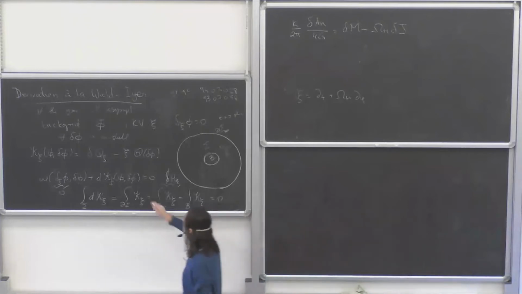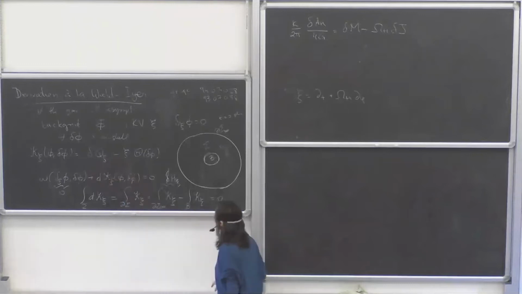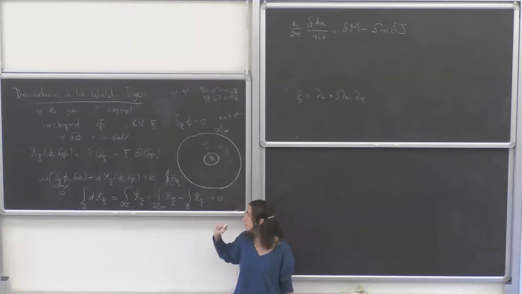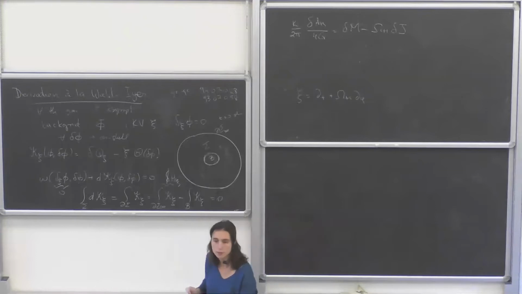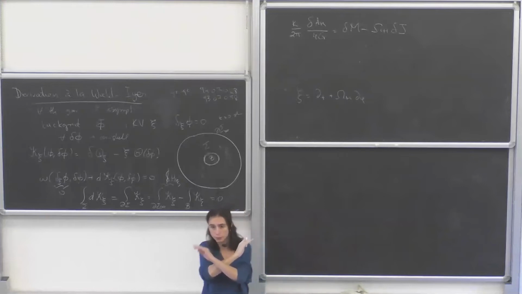Now the expression for k_c is generally given by this. And you see that if I'm at the bifurcation surface, what is C at the bifurcation surface? Zero. Very good. We just discussed this. When you have a bifurcate Killing horizon, C actually vanishes at the bifurcation point.